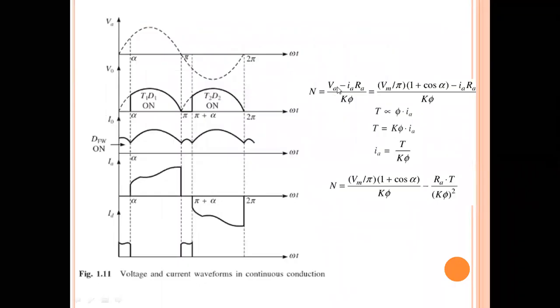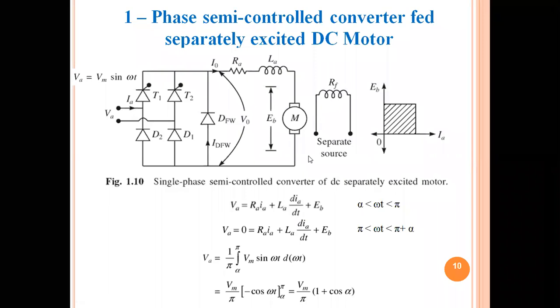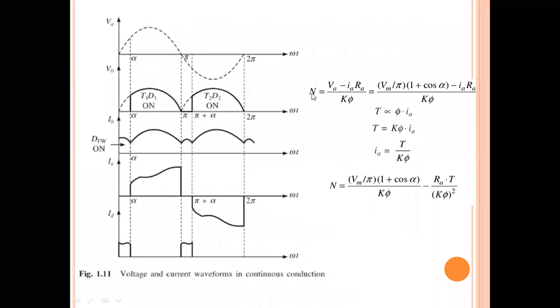So VA minus IARA equal to EB, bringing the IARA term to this side, because the inductor term is 0.